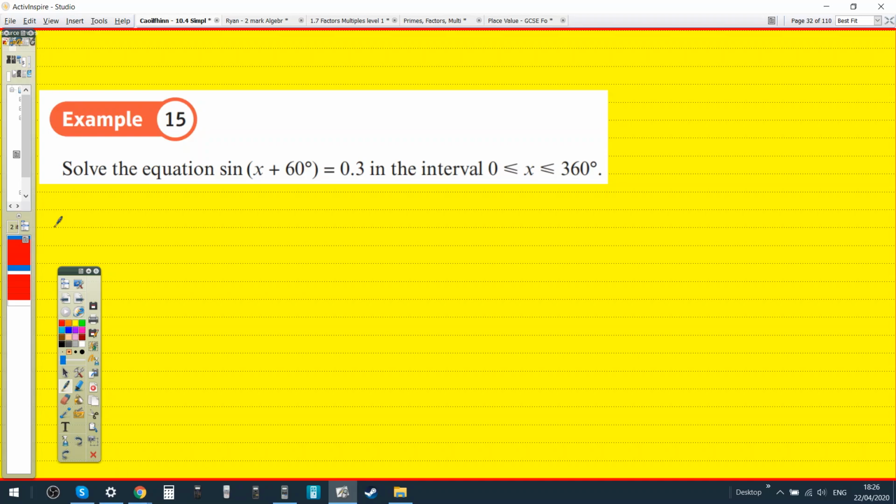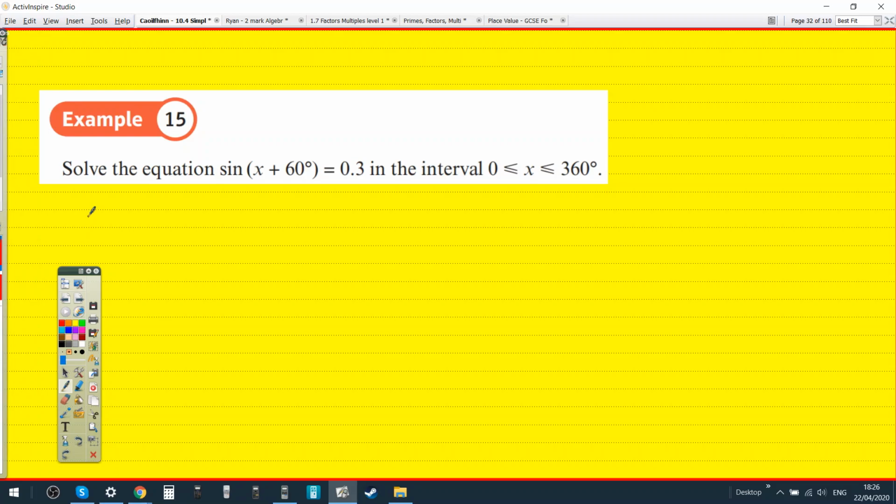Sure do. Okay, so sin A equals 0.3, so A equals sin to the minus 1 of 0.3, which is, how many decimal places should I do it to? Let's do 3 sig fig. 17.5. Okay.